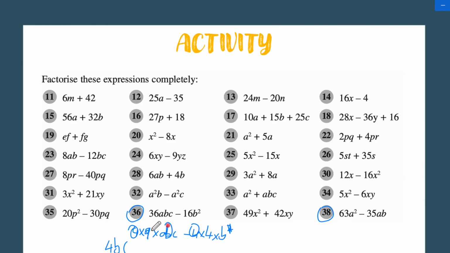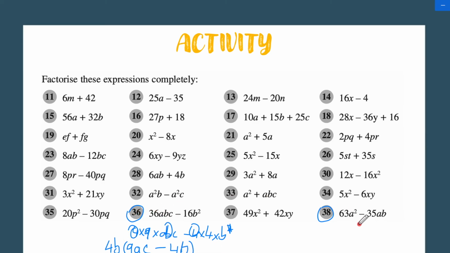So you can look here: I have the 9 left, I have the a, and I have the c, minus, and here I have the 4, and I have a b, because b squared divided by b gives you a b. So this is 4b. That's how you do this one in particular.